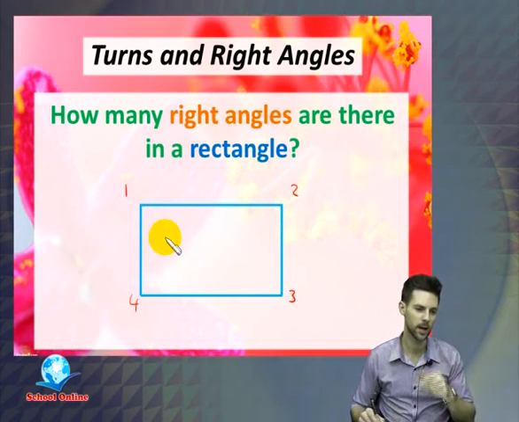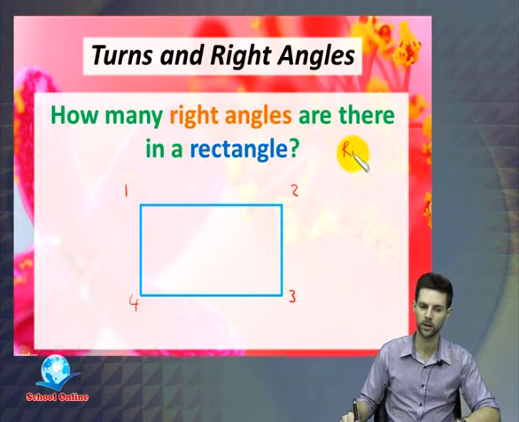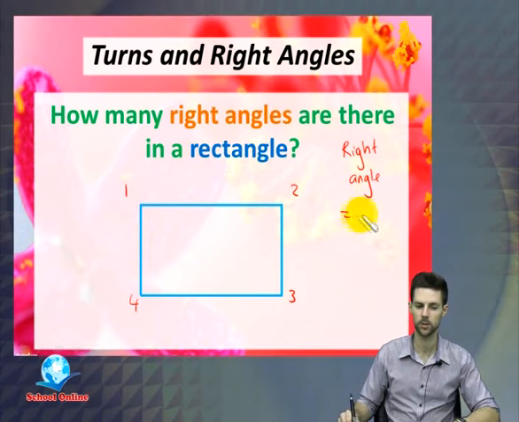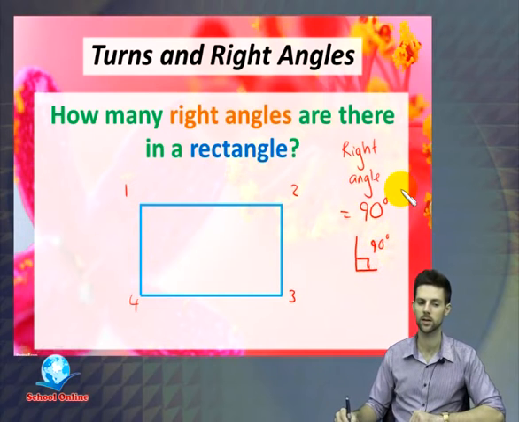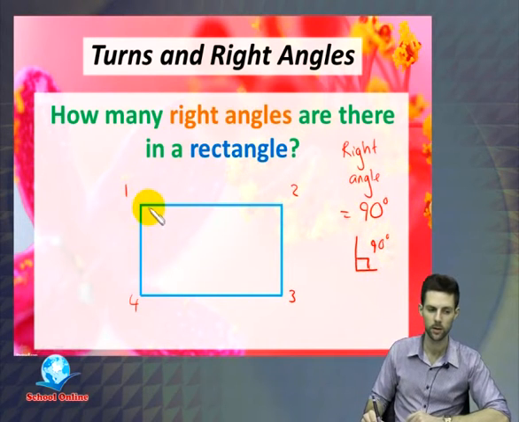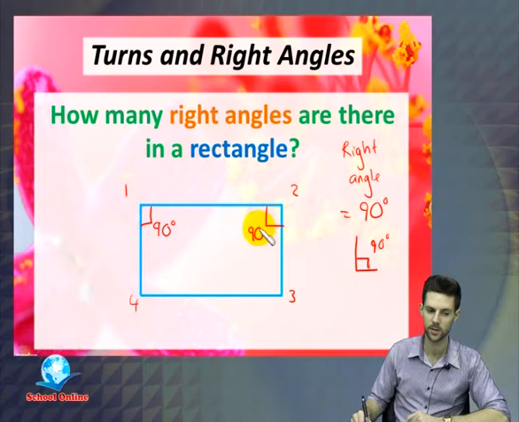How many right angles do we have? So remember, a right angle equals exactly 90 degrees. So how many do we have in a rectangle? Well, let's look. We have 1, 90 degrees. 2, 90 degrees. 3, 90 degrees.